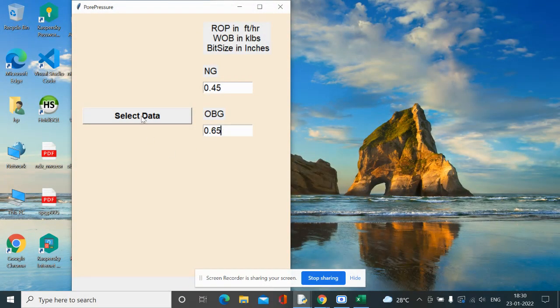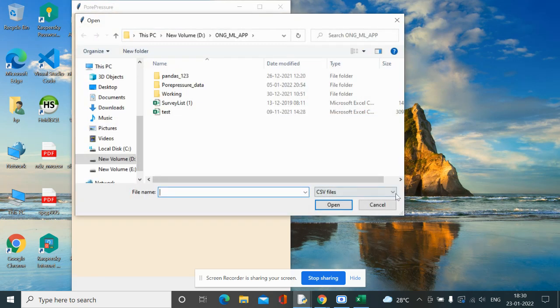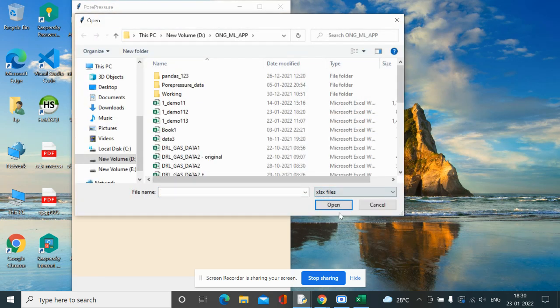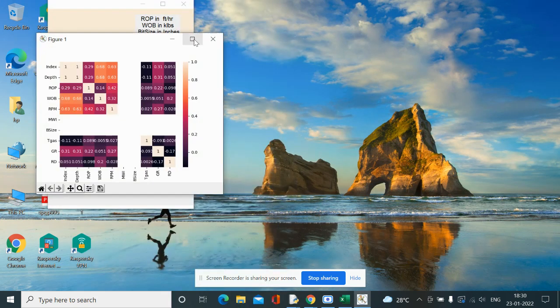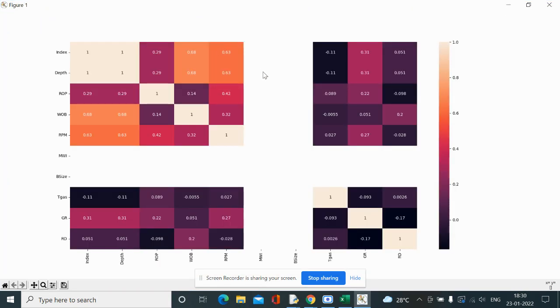Okay, let me select the data first. And here is my Excel file. Okay, the database is selected. And here you have the correlation matrix, which indicates how each varying parameter is related to the others.